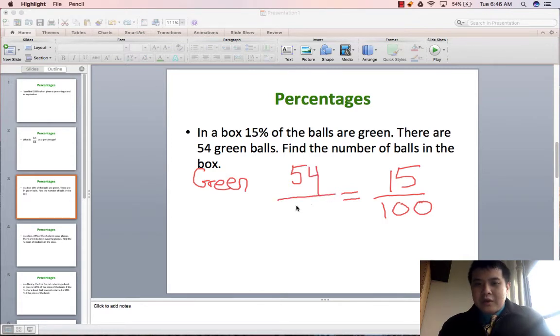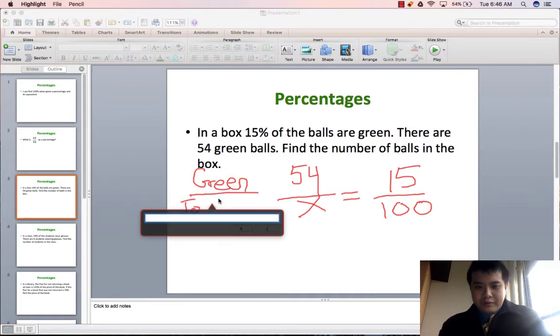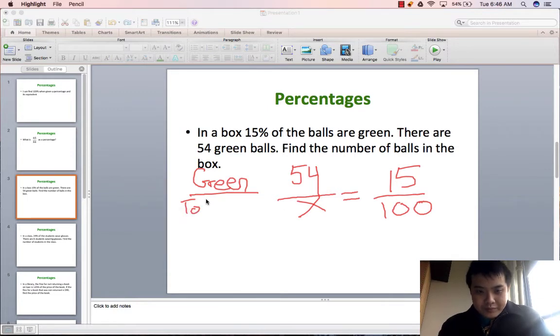We don't know how many balls there are in total. That's what this is asking for: find the number of balls in the box. So we're looking for the 100%. And the bottom is total balls.